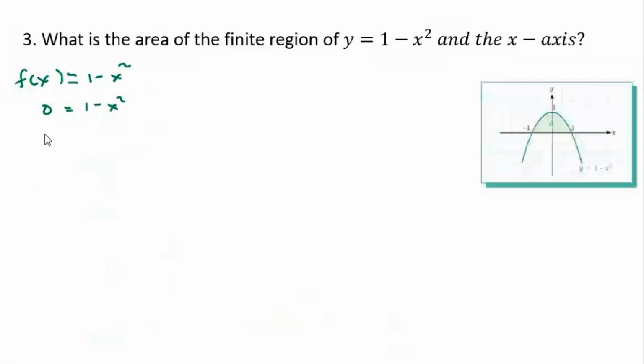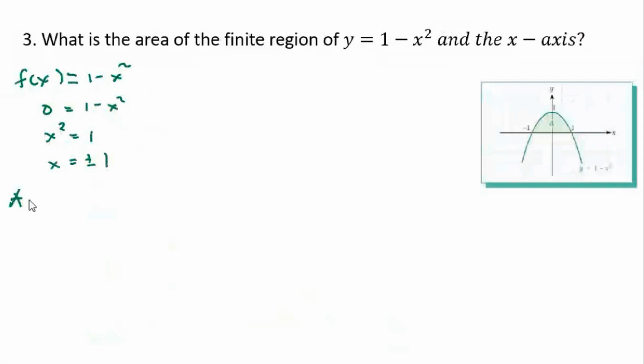By transposing, x squared is equal to 1, and take the square root of that. So x is equal to positive and negative 1. So this will give us our boundaries or the limits, which is negative 1 to positive 1.